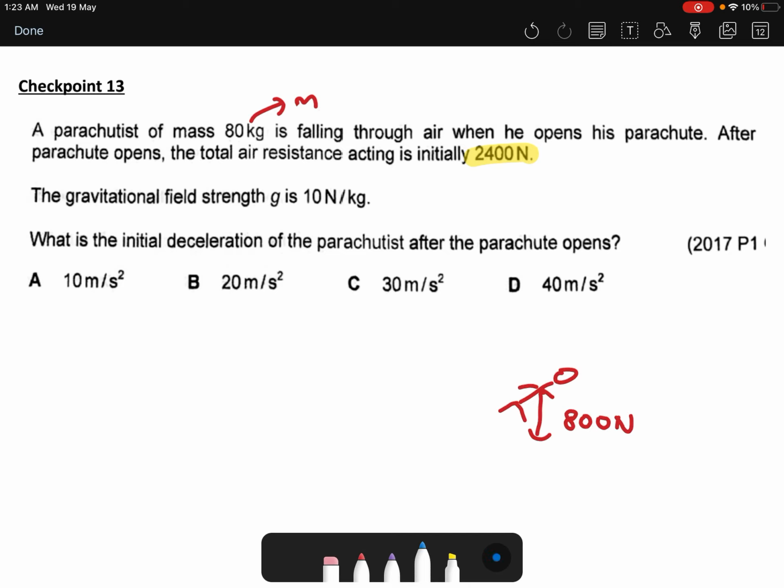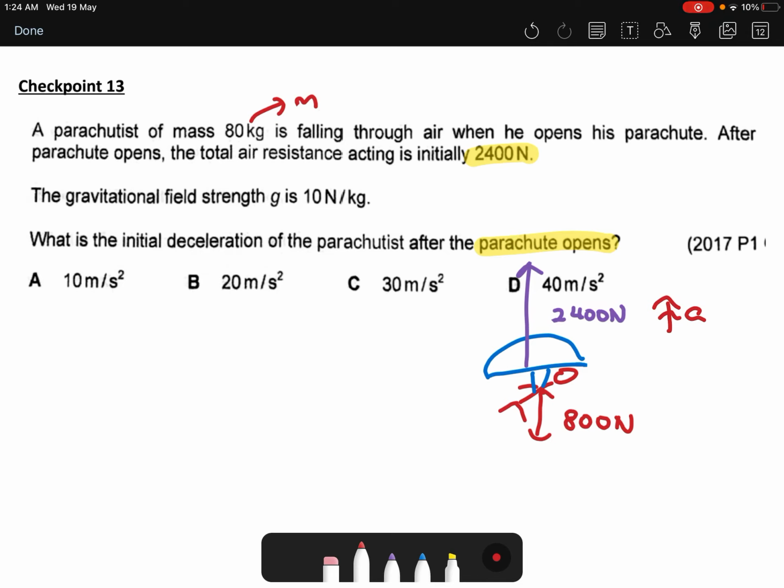He opens the parachute, so we draw an air resistance of 2400 Newton. What is the initial deceleration after the parachute opens? So they want us to calculate the acceleration upwards, or the deceleration.